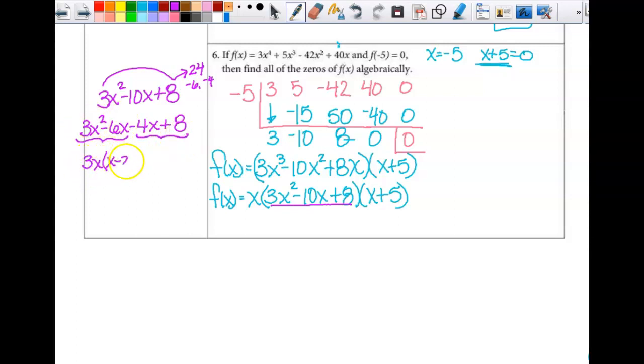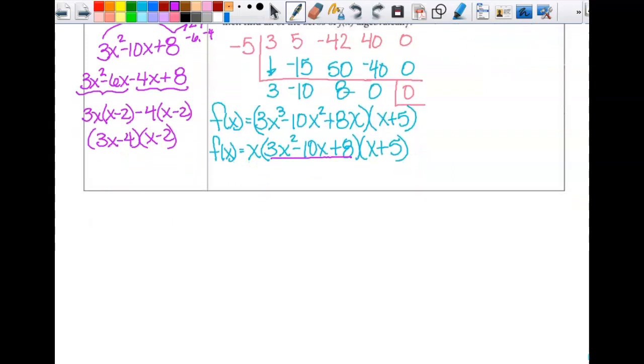That leaves me with x minus 2. Out of this, I can factor out a negative 4. That leaves me with x minus 2. So that gives me 3x minus 4 times x minus 2. And then that's what I write to replace this part right here. So I have f of x equals x times 3x minus 4 times x minus 2.